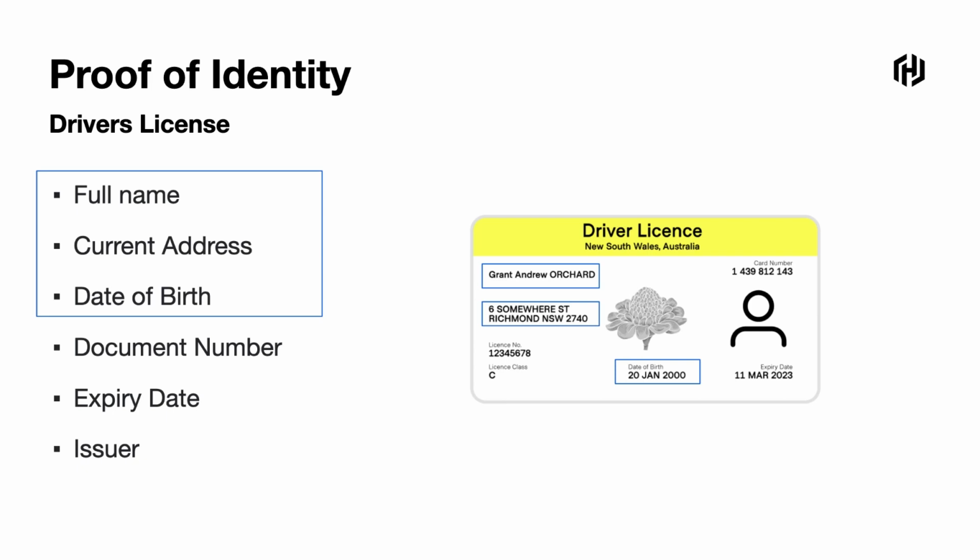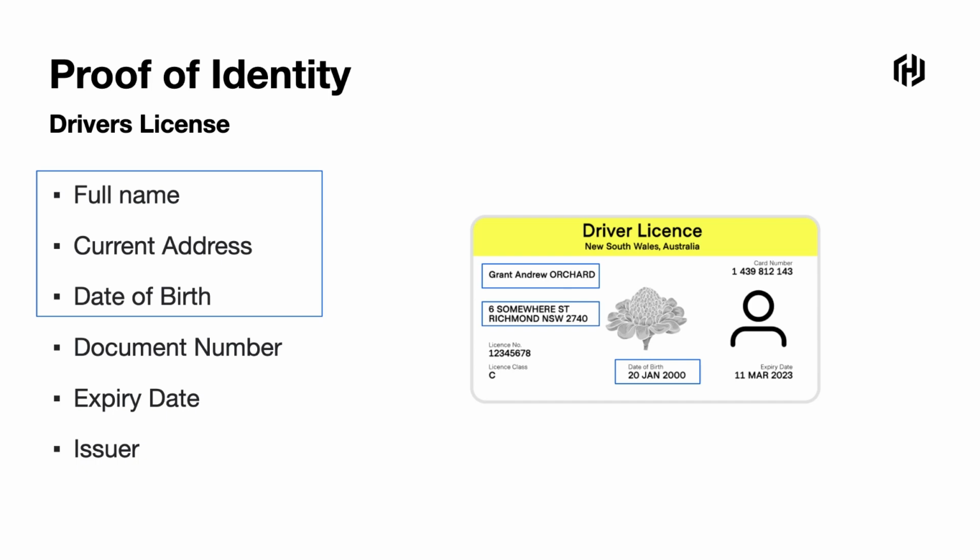So how many Grant Andrew Orchards are there who live at 6 Somewhere Street in Richmond, New South Wales, who also have the date of birth of 20th of January 2000? Chances are there's none, right? It's only going to be one. Whereas if you just queried my address, or my name, or my date of birth, you're going to get multiple hits across the board. So it's the combination of unique things about me that we're checking out here.